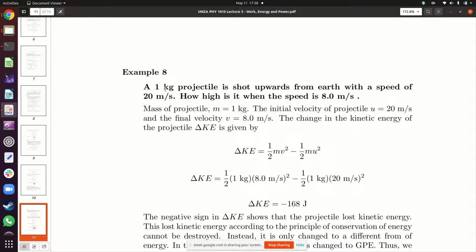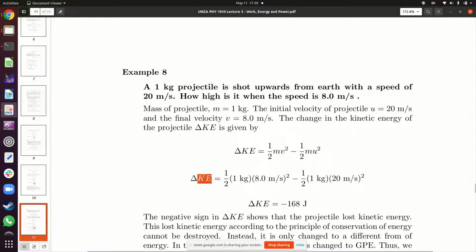Its initial velocity was 20 meters per second. Its final velocity is 8 meters per second. So you can work out how the kinetic energy of this projectile has changed. The change in kinetic energy is equal to half mv squared, which is the final kinetic energy, minus half mu squared, which is the initial kinetic energy.